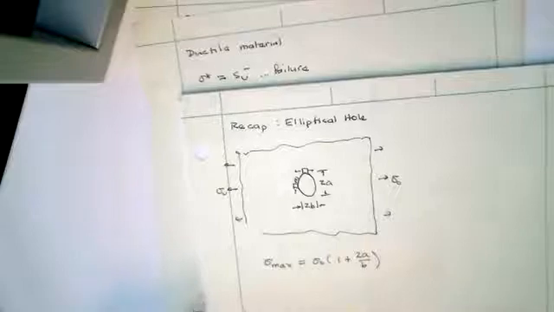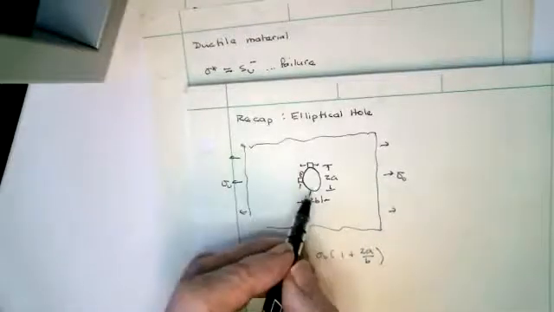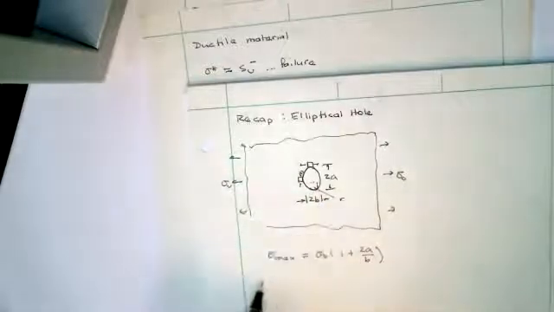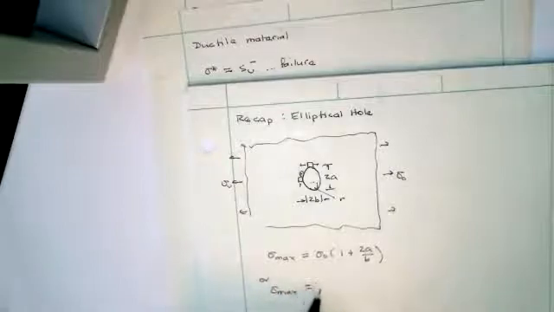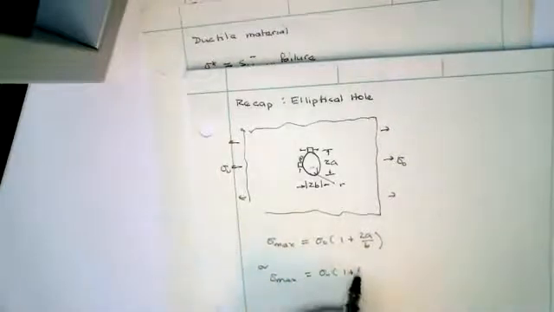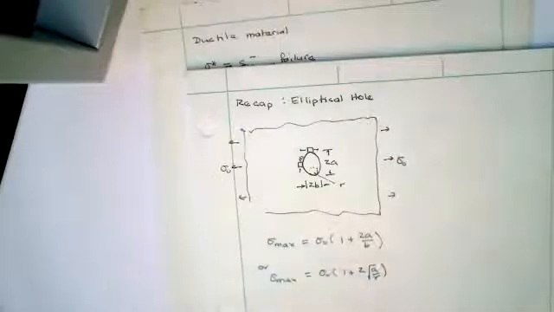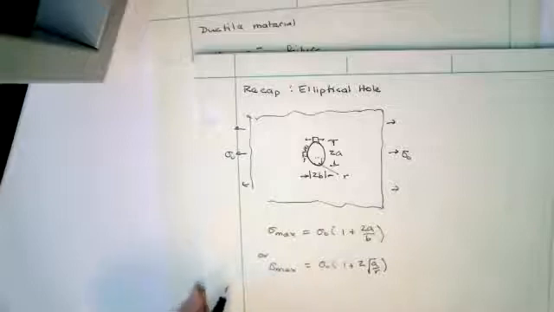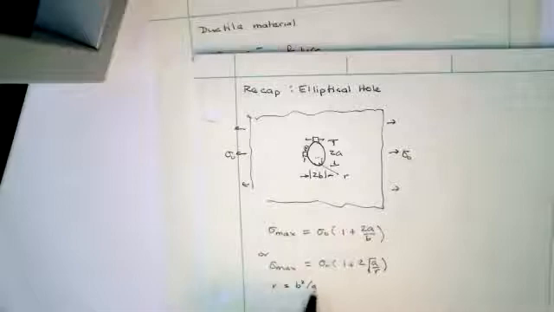You can write this in terms of the local root radius. R is the tip radius. If B equals A, then R is the radius of the circle.